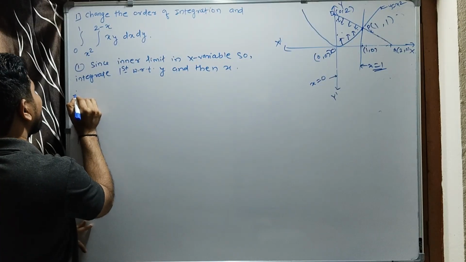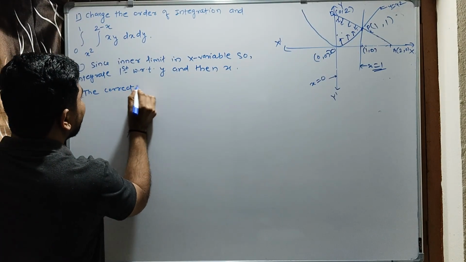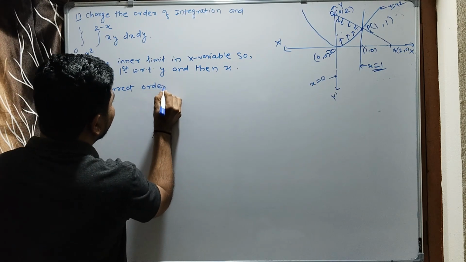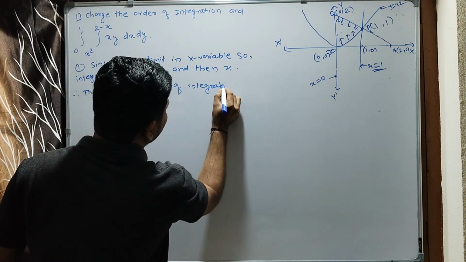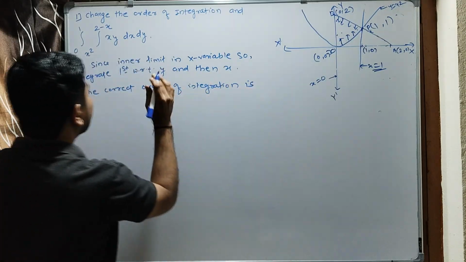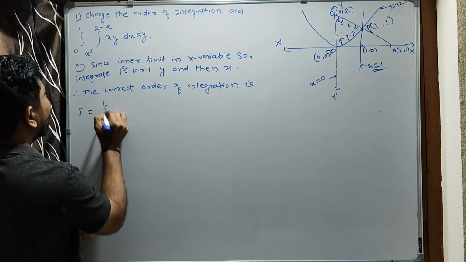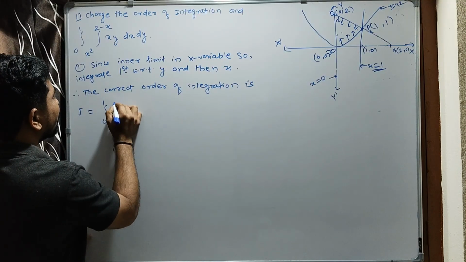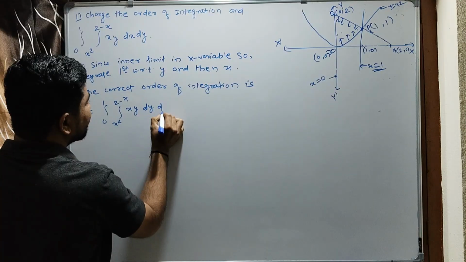Therefore the correct order of integration is I equal to the integral from 0 to 1, from x square to 2 minus x, of xy dy dx.